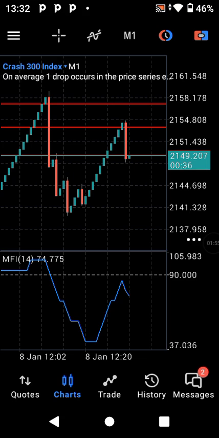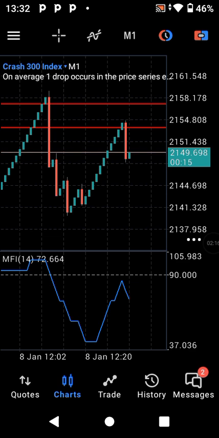Since I have lost the entry of this one, I'm not going to be taking any trade for now. I'm just going to explain how we got this spike so you guys can see for yourself and learn. You can also apply it in your daily trading and see how it works for you. You can start with demo accounts, and from the demo accounts you can move to your funded account.